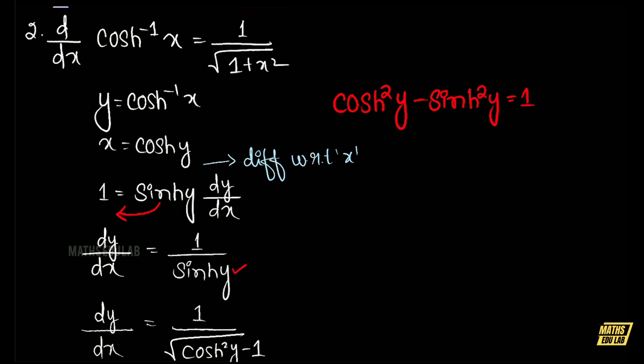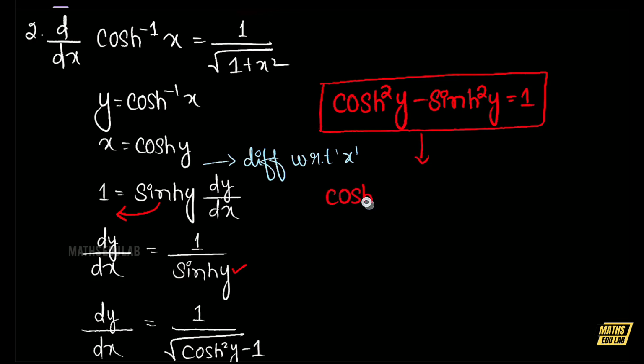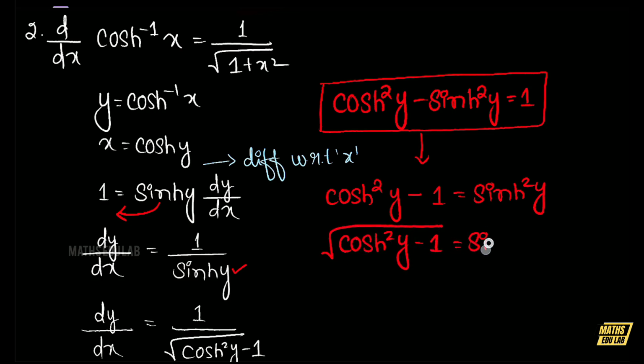Since here it is in the form of sine hyperbolic y, I can change this formula to the form of sine hyperbolic y, that is cos hyperbolic square y minus 1 is equals to sine hyperbolic square y. Then on taking root on both sides, we get root over cos hyperbolic square y minus 1 is equals to sine hyperbolic y.